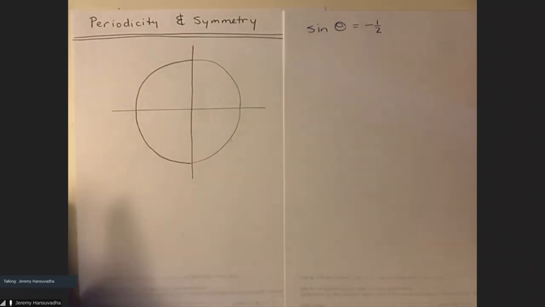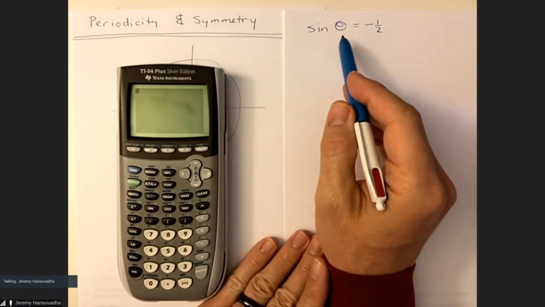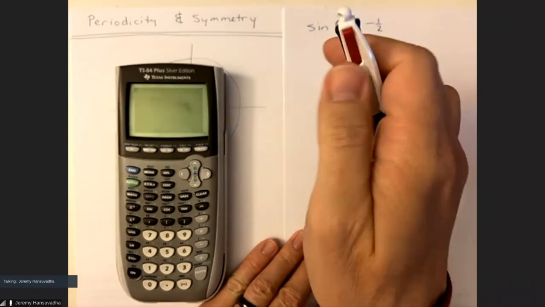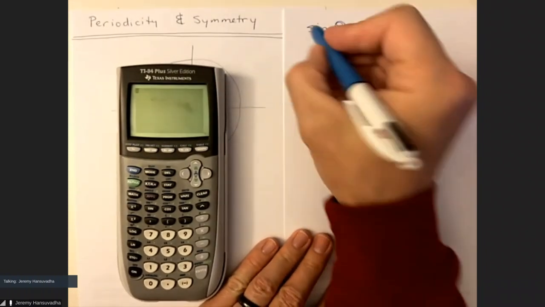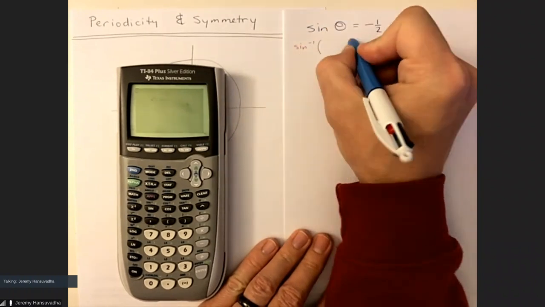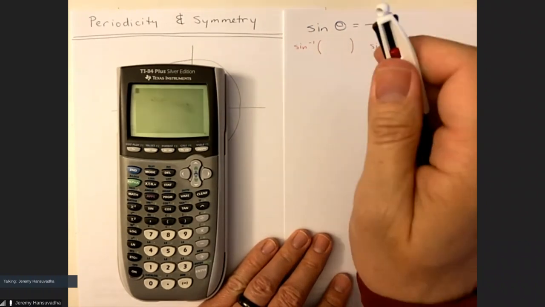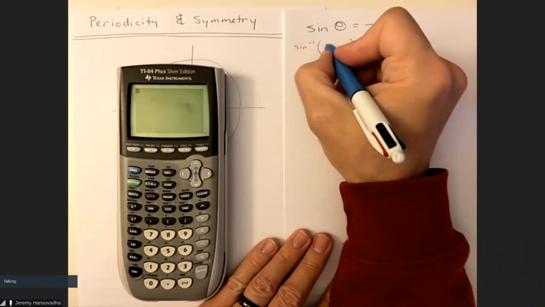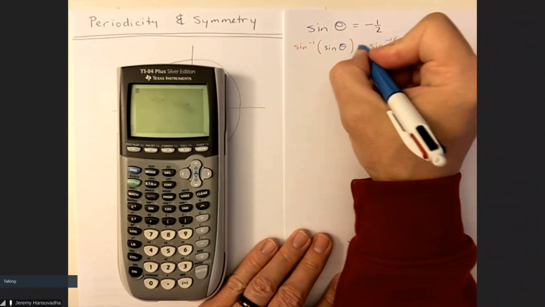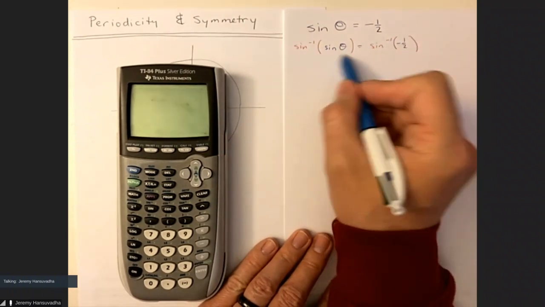And so we're solving for the angle theta, and to get the theta by itself, we need to undo the sine. So let's take the inverse sine of both sides. When we take the inverse sine of both sides of the equation, that leads us to the inverse sine of theta.